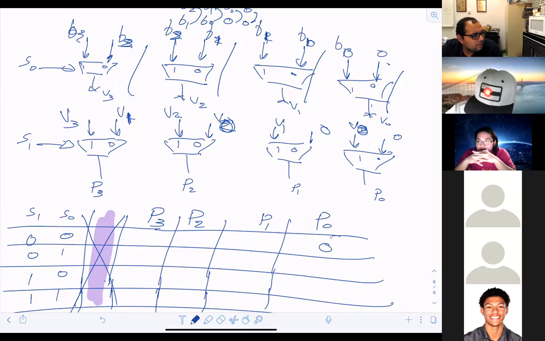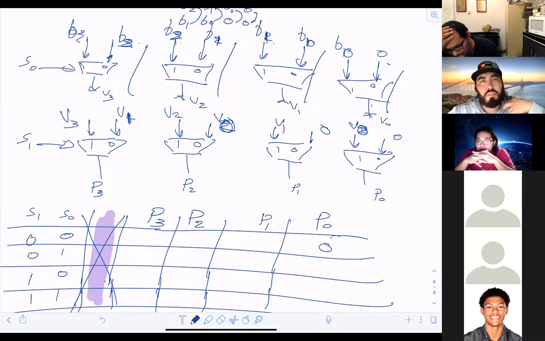Yes. So the top left one, is that supposed to be B2 then, or is that also B3? Let me double check. So 0, 0, 0, 1, 1, 2, 2, 3, 3, 4, 4, 5, 5, 6, 6, 7. Right. So 0, 0, 0, 0, 1, 1, 2, 2, 3.